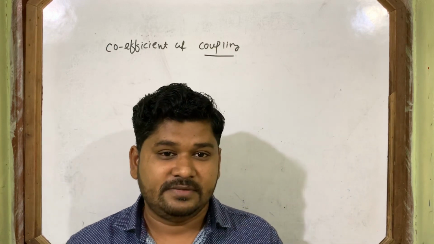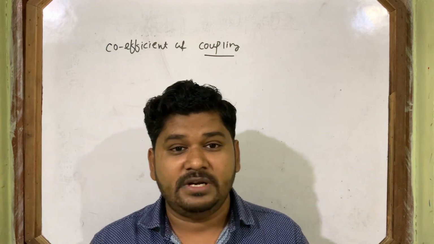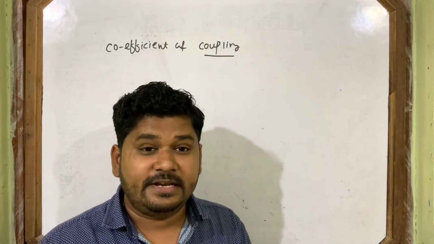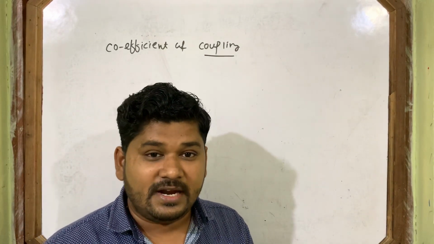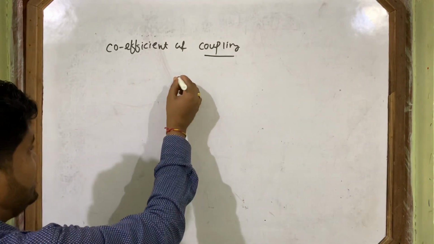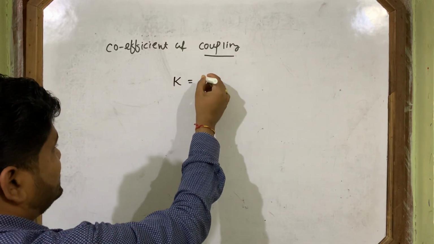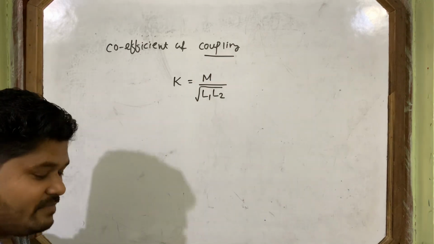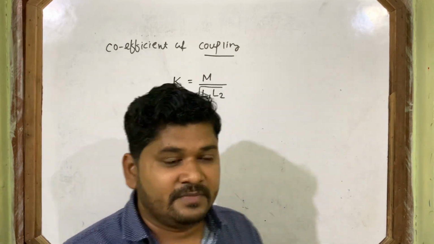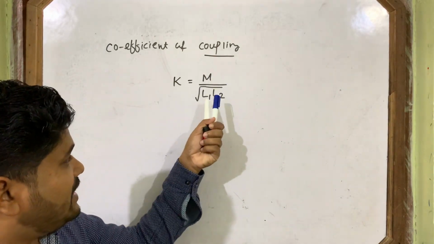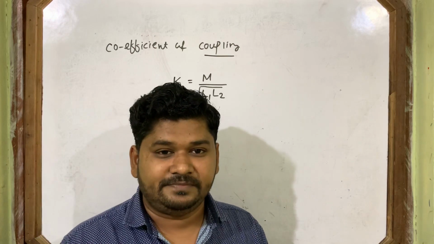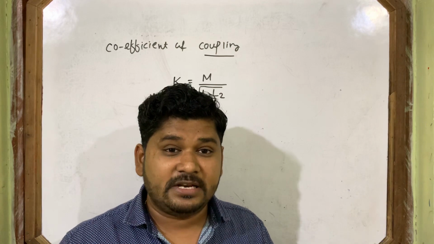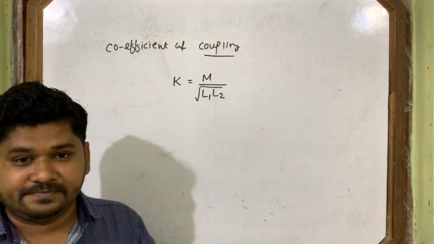The expression of the coefficient of coupling is K equal to M by root over L1 L2. In which manner two coils are arranged, in which manner they are coupled, we can get from this.